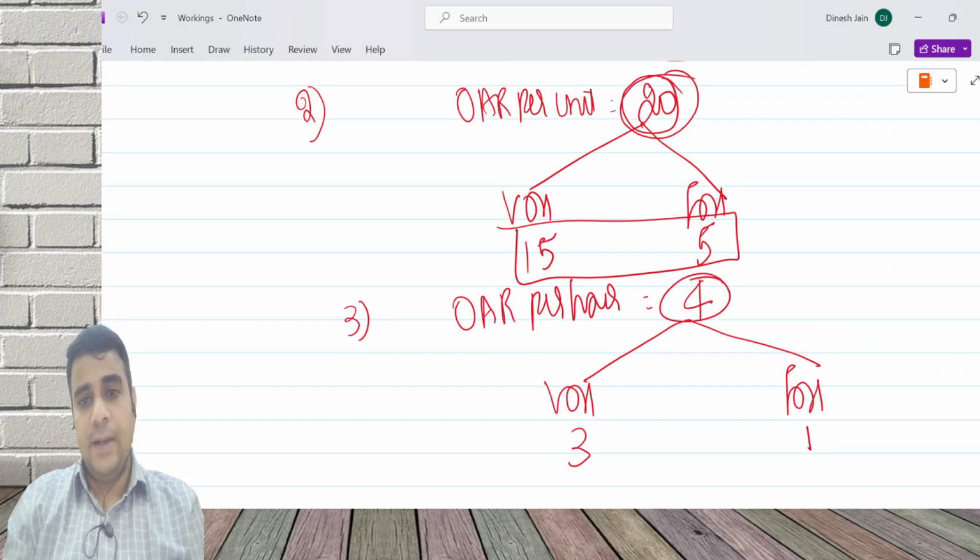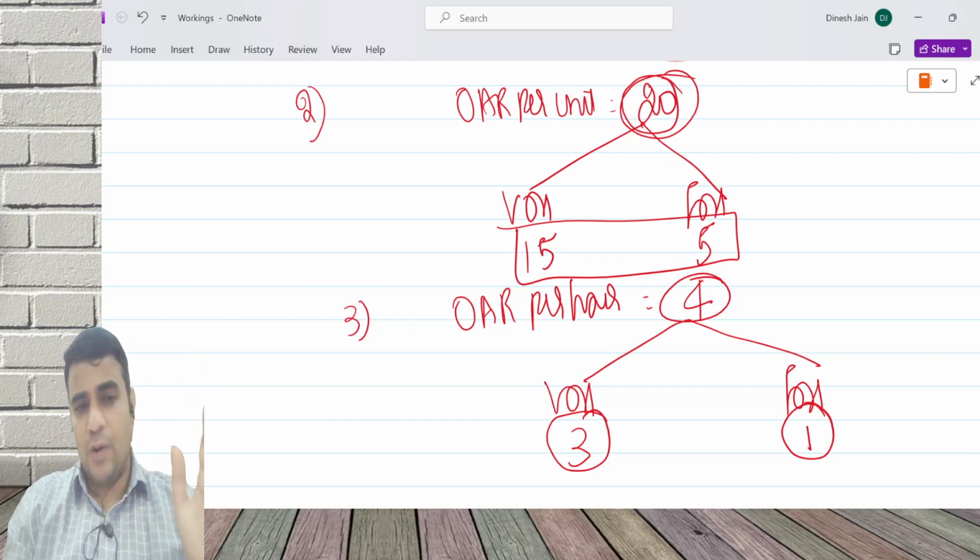In place of 20 we have 4, so 15 is equal to 3 and 5 is equal to 1. So OAR per hour is 3 rupees and 1 rupee. Variable overhead per hour is 3 rupees. Fixed overhead per hour is 1 rupee.